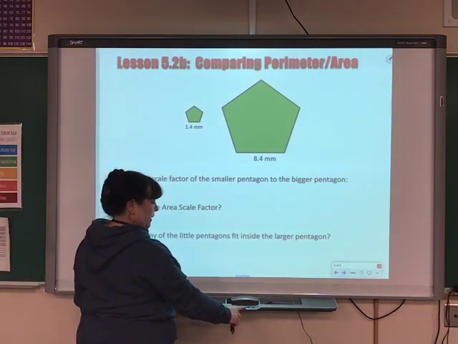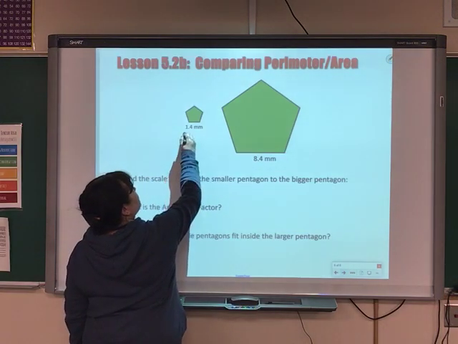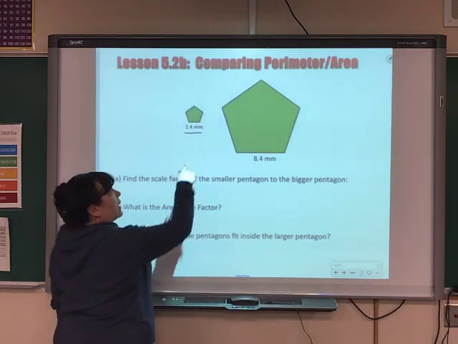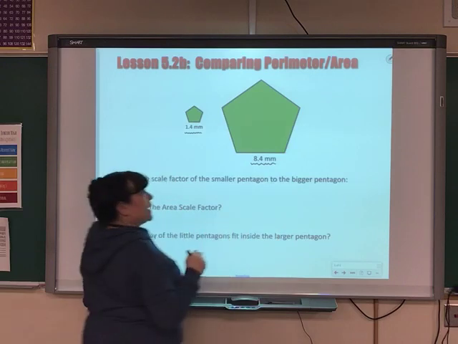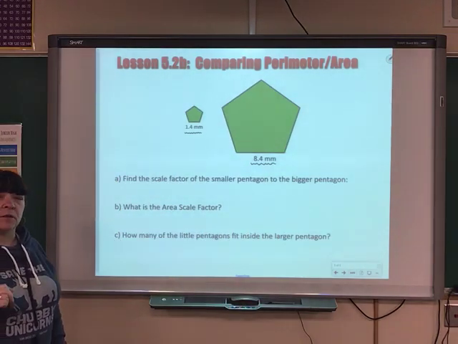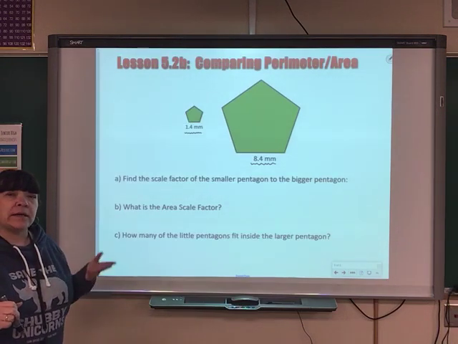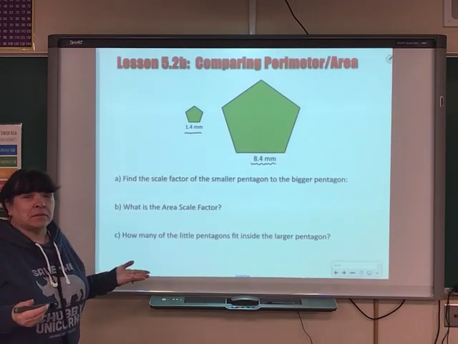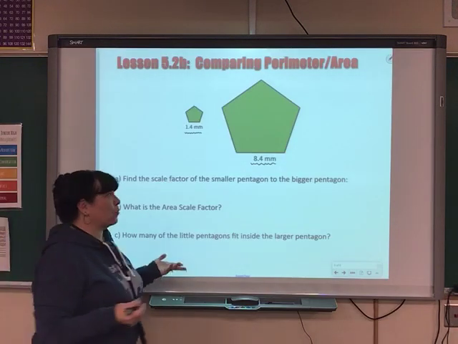Well, if you look here, you'll notice that our smaller pentagon has a side length of 1.4 millimeters. It corresponds to a side length of 8.4 millimeters. We're looking at what happened to our smaller one to make it our bigger one. We can do a ratio, or we can simply divide, because that's what happens when we make a ratio.